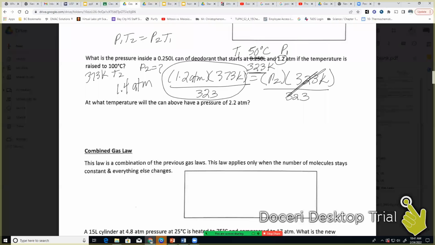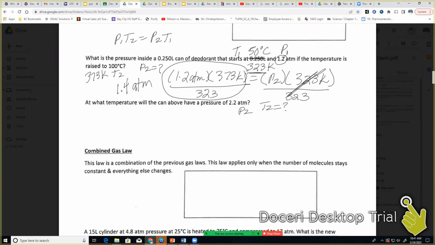All right, any questions on that one? Like I said, it gets a little bit repetitive. We'll look at the next one. At what temperature will the can above have a pressure of 2.2 atmospheres? So I'm changing my pressure, and I'm wondering what my temperature would have to be to get to that pressure. Everything, my P1, my T1, stayed the same, so I'm still using my same formula.